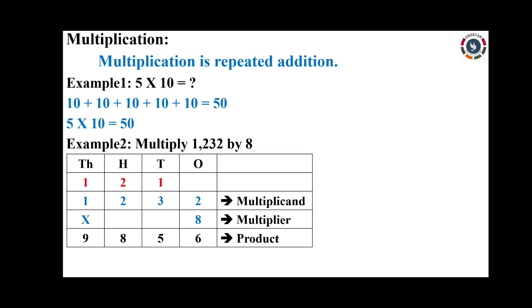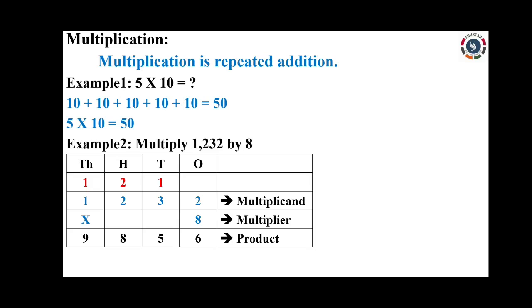Write 6 under ones place and 1 to the tens place. 3 8s are 24 plus carry over 1 25. Write 5 under tens place and 2 to the hundreds place. 2 8s are 16. 16 plus carry over 2 18. Write 8 under hundreds place and 1 to the thousands place.